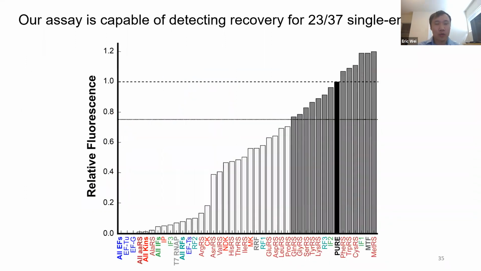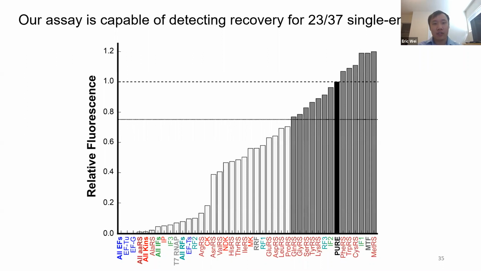So in total, we wanted to test the dropouts for all of the PURE kits. And interestingly, even though all of these enzymes are critically essential for gene expression, when we tested these single enzyme dropouts, we saw variable amounts of expression.